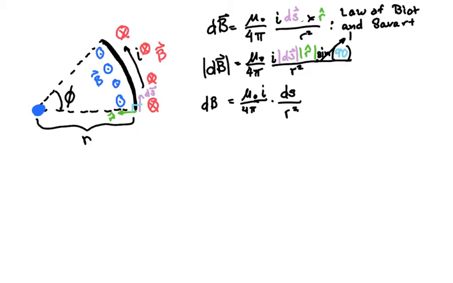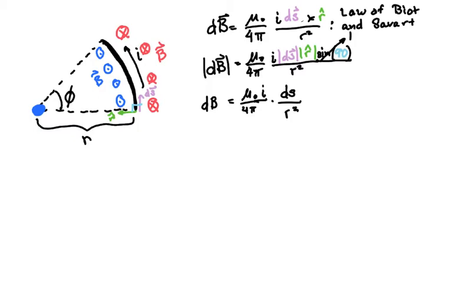So now that I have simplified the cross product, we have to work in magnitudes. We have the magnitude of the differential magnetic field, and we have the magnitude of our differential path element times the magnitude of our unit vector, and the magnitude of any unit vector is just 1.